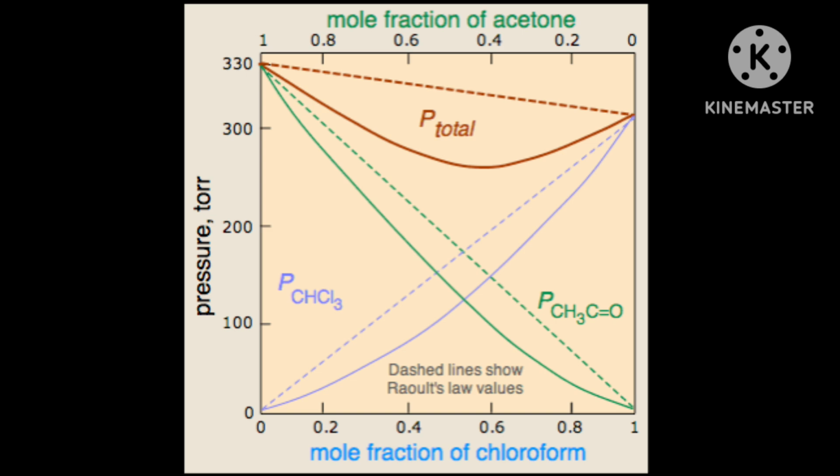It should not be 18 or 19, or 21, 22, like that. Volume should not change. Means delta V of the mixture should be 0, and delta H of the mixture should be 0. Both should be 0. This question is asked.